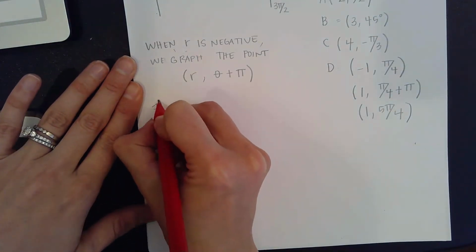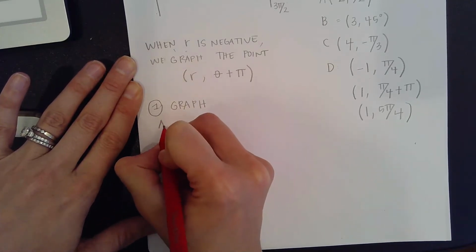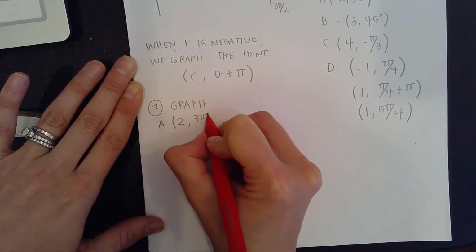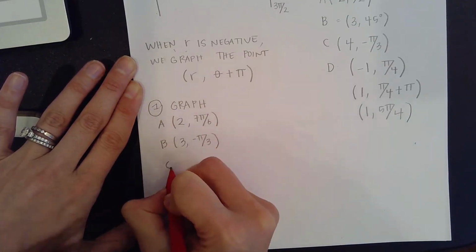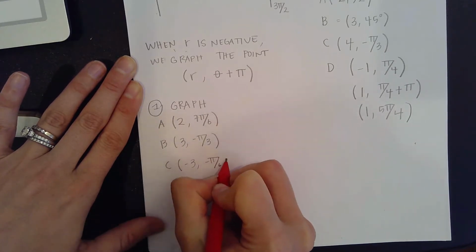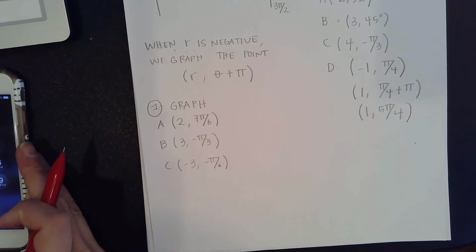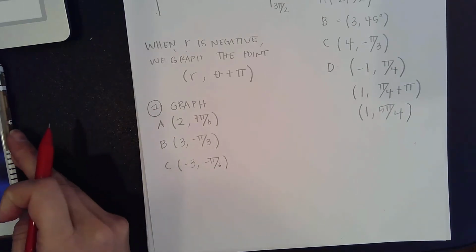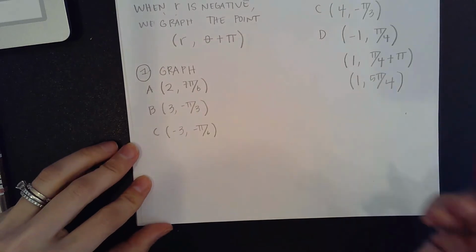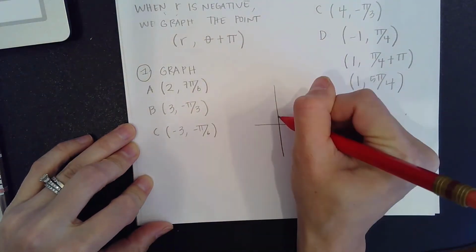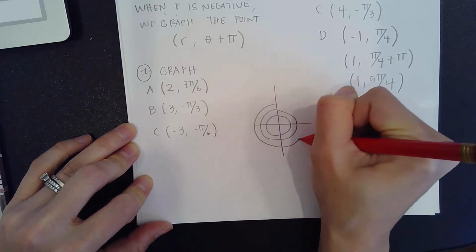All right, you graph these for me. We're going to have ring 1, ring 2, our radius of 2, and a radius of 3.